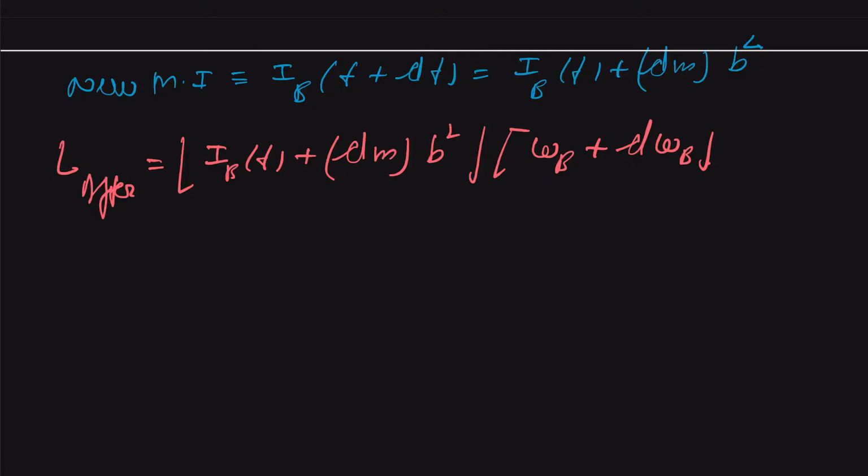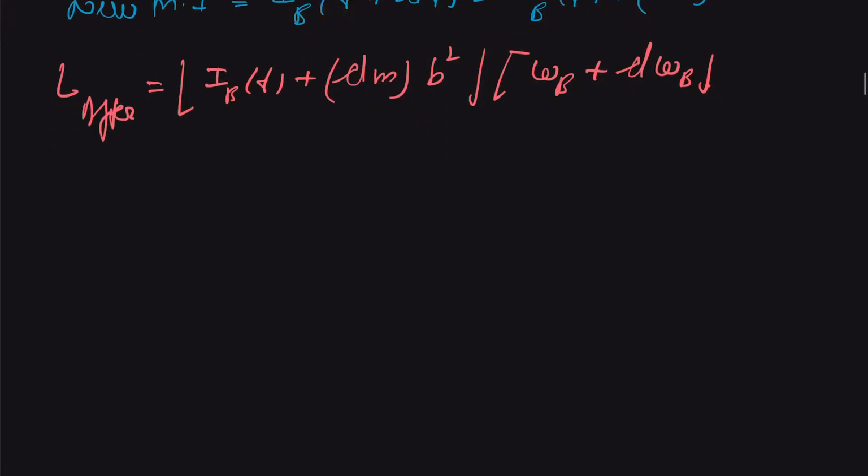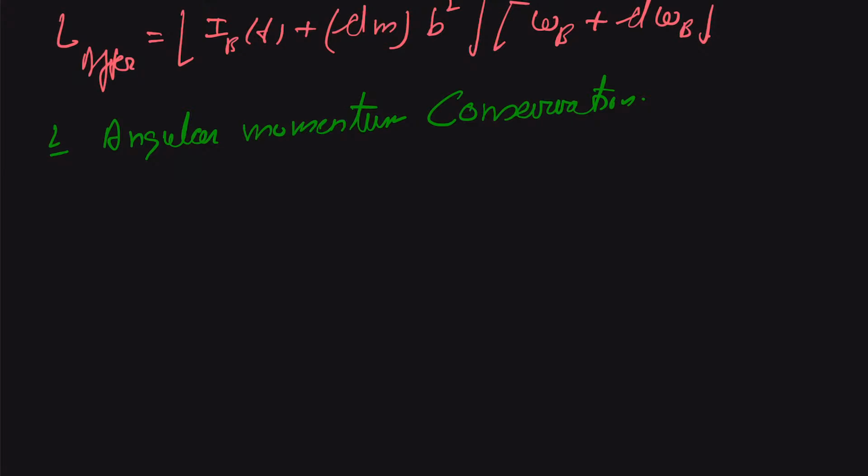And we can use now angular momentum conservation. This angular momentum conservation is going to give us our angular momentum after is equal to angular momentum before, and we simply substitute both the equations.